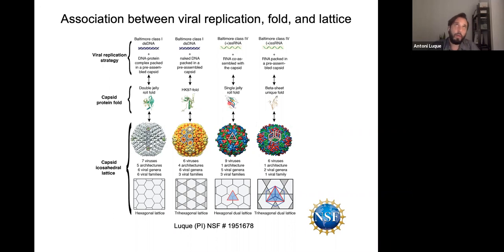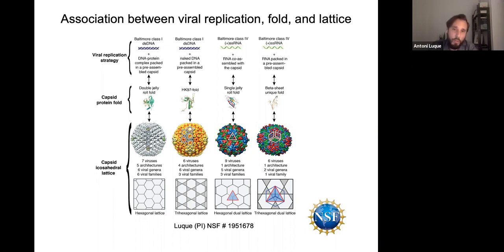And related to the question about the Kunin and Krupovich megataxonomy that we have now, my way of understanding it is simple. Single jelly roll is the most popular fold among viral families. It's the one that more viral families form. And the idea would be to look at the single jelly roll and associate it to the specific genome strategy. And the working hypothesis that we have is that the lattices are going to be different. So that should help us narrow down that it's not only about the fold, but also about the way you organize the fold in the capsid and the way you're assembling the genome.